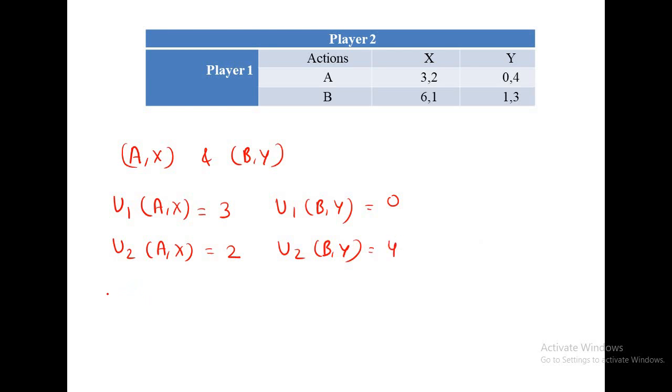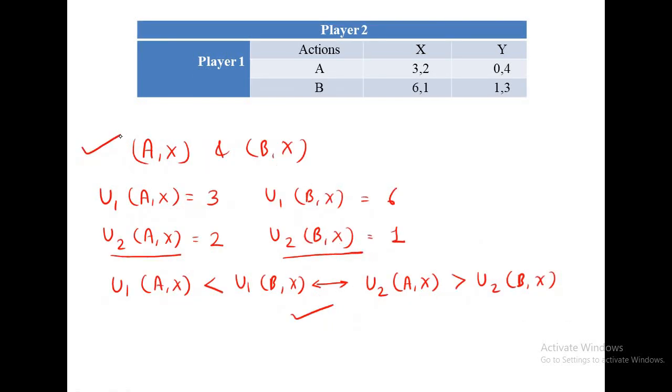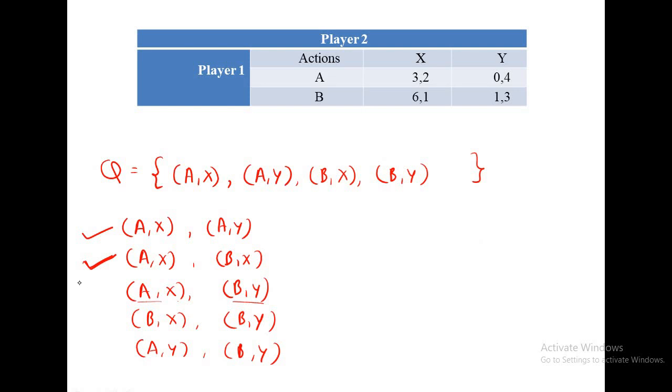Now here U1 AX is greater than U1 BY. As per the condition of a state competitive game, for player 2, U2 AX should be less than U2 BY, right? And you can see here that U2 AX is smaller than U2 BY, meaning this condition is true for AX and BY.